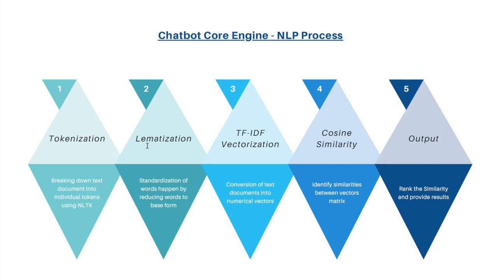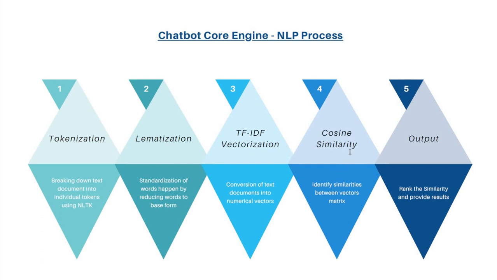The next stage is TF-IDF vectorization. The abbreviation TF-IDF stands for term frequency inverse document frequency, used to convert the textual data into numerical vectors. It is mainly used for information retrieval from the knowledge base provided. The next stage is cosine similarity, used to find the similarity between the list of documents, that is vectors, and the actual text requested.